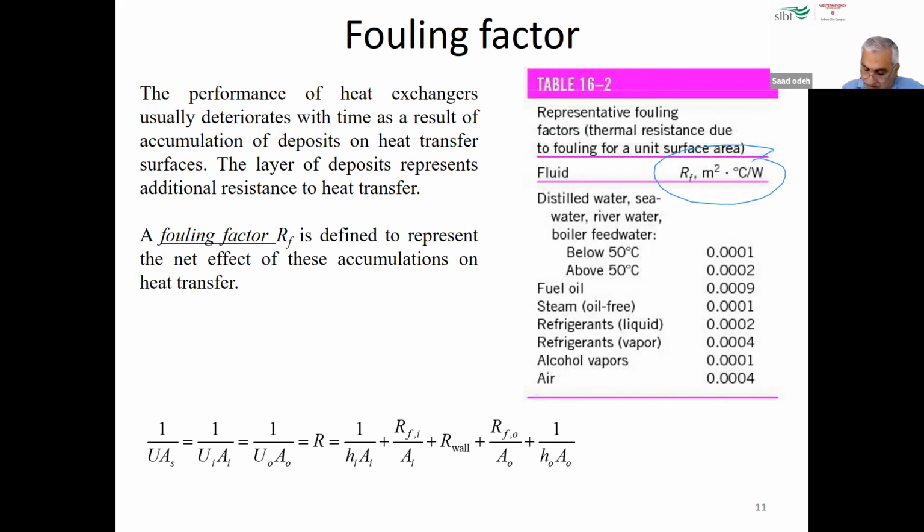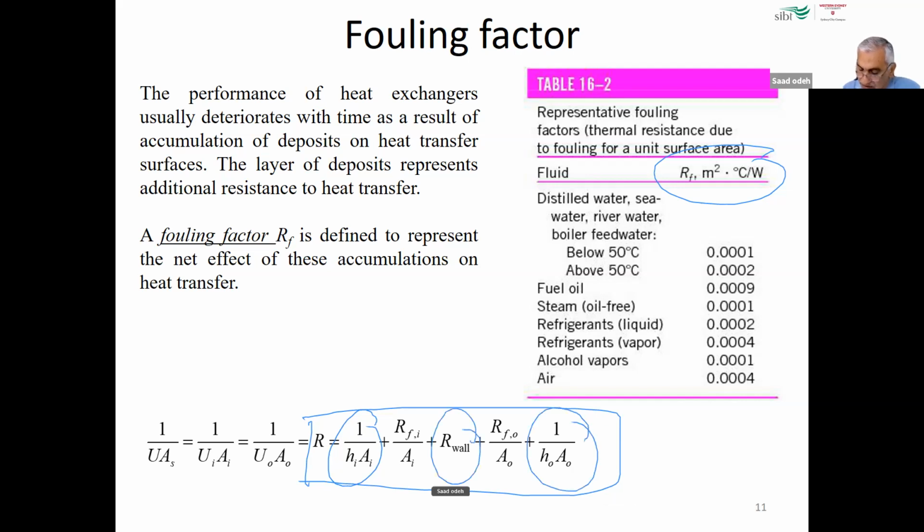So this is the R equation, and as you can see, R has the inner fluid and outer fluid thermal resistance, and also the wall thermal resistance. And we added to this equation the two terms here, which represent the fouling factor terms, the thermal resistance of the deposit on the tubes from inside and outside.